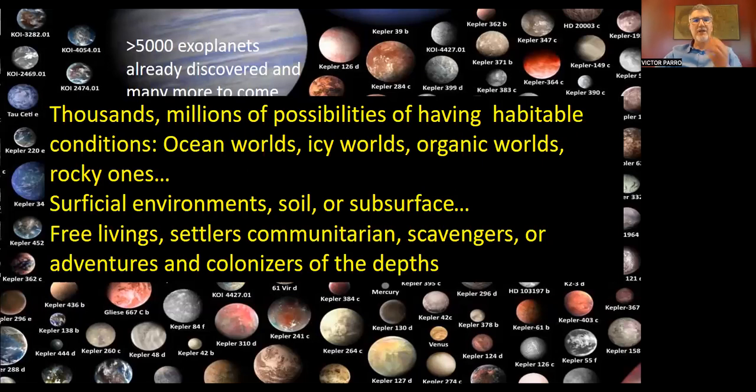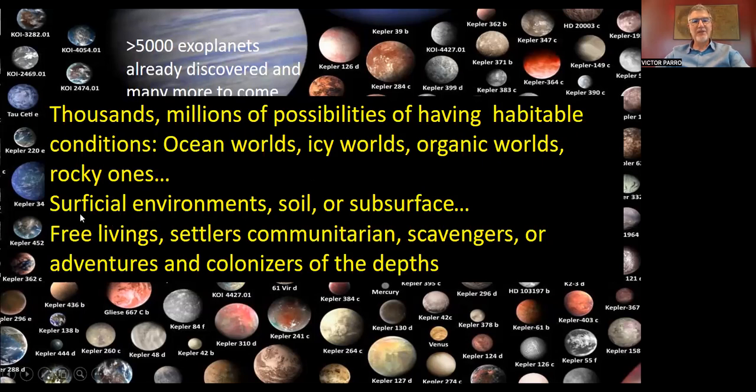Nowadays we know more than 5,000 exoplanets that have already been discovered. There will be many more in the coming years, and perhaps millions of possibilities for habitable conditions. They might be ocean worlds, icy worlds, rocky ones.